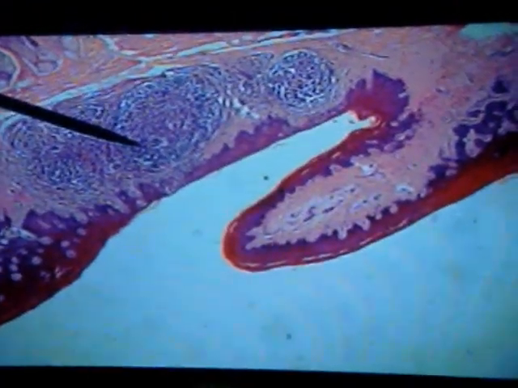The posterior one-third of the tongue, these collections together form the lingual tonsil, and beneath the epithelium you can see this aggregation of lymphocytes. This is known as the lymphoid follicle. And deep to that you can see this group of mucus acini, mucus secreting glands in the posterior one-third of the tongue.